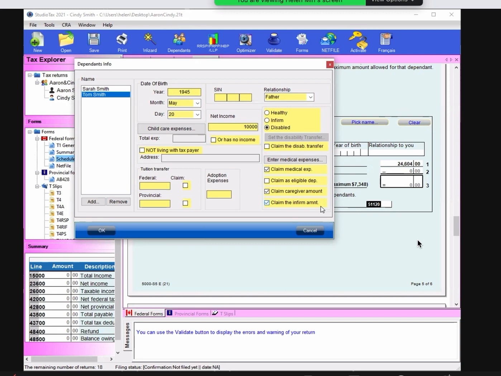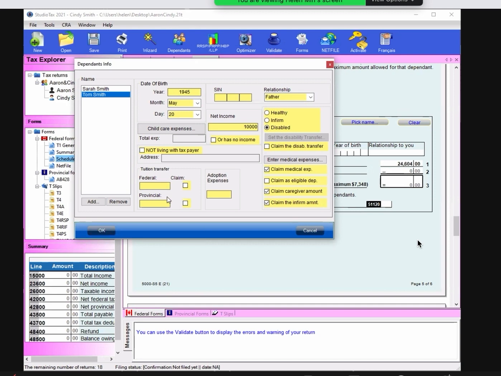Any infirm can claim, and disabled of course can claim. So if Tom is disabled, he can claim caregiver amount and infirm amount.